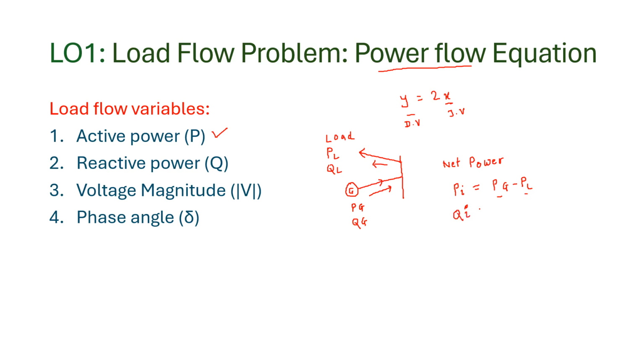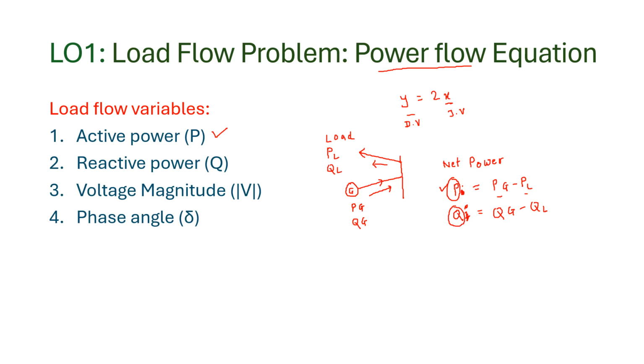Similarly, the net reactive power injected in the system can be calculated by Qg, the reactive power injected into the system, and QL, the reactive power taken from the system. Now this P is taken as the active power variable, and Q is taken as the reactive power variable into the system.